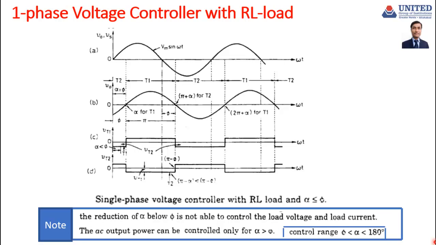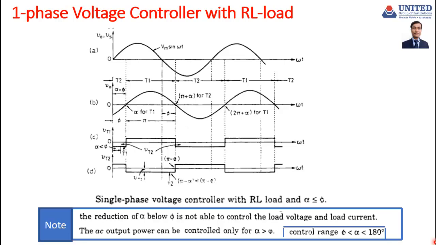As a result, T2 will not get turned on at pi plus alpha, but only at pi plus phi, when the current flowing through thyristor T1 is equal to 0. Now, T2 will conduct from pi plus phi to 2 pi plus phi and so on. This shows that load voltage and load current waveforms will not change from what they are at alpha equal to phi.